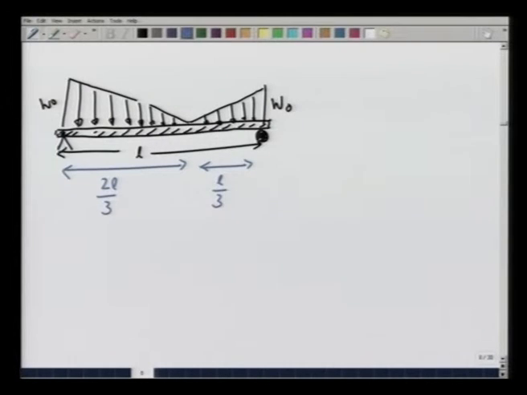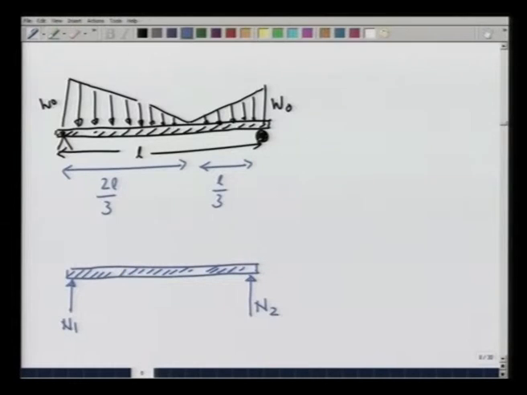So, for that, what I need to do is take this beam and make a free body diagram. So, we will assume that reaction at this point is N 2, reaction at this point is N 1, and the two forces due to the loading.